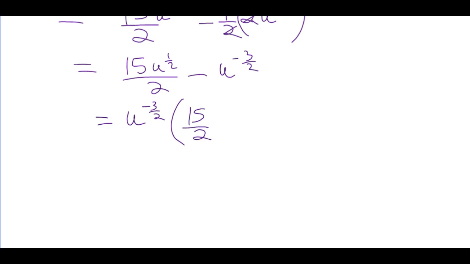Okay, u to the negative 3/2 times u to the something will give me u to the half. Squared, right? 4/2. So you're going to say negative 3/2 plus positive 4/2 will give me 1/2, but 4/2 is 2, so 15 u squared. Should be 15 u to the negative half. You can't have any negatives inside the brackets. No negative exponents, sorry.